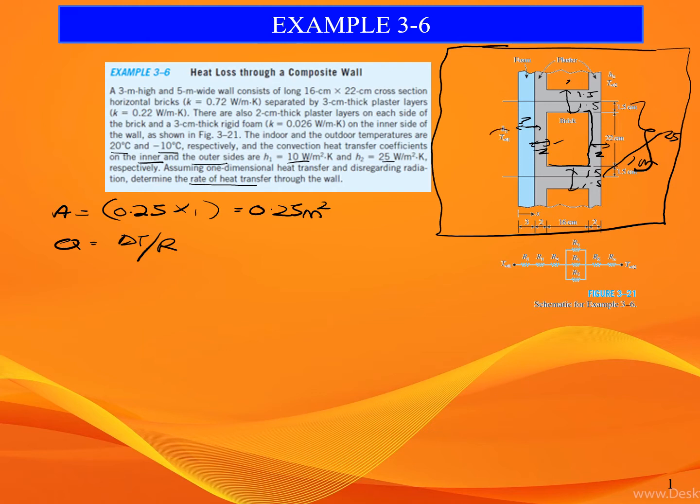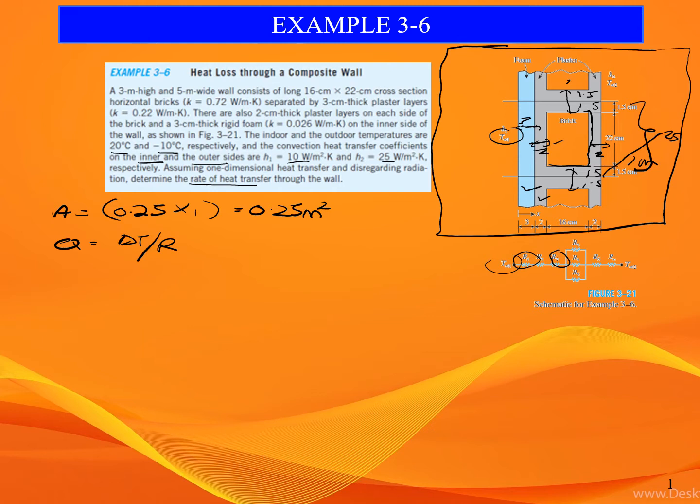Starting with T infinity, then go to Ri first. Ri is a convection part, and then we go to R1, which is the foam part, conduction. R2 is the plaster part. R3, we have a parallel layer, so we need to draw the parallel network.